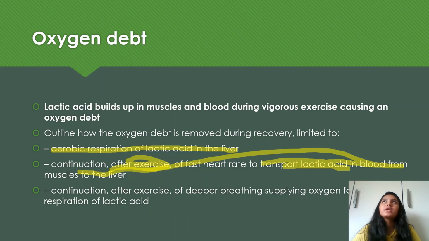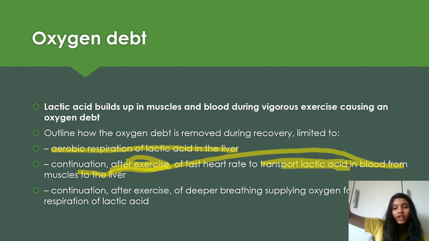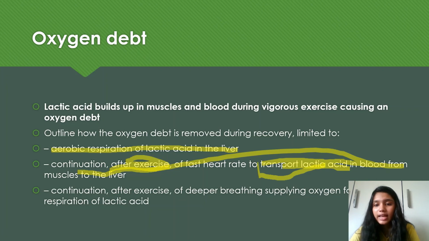So basically in your structured questions, they can give you a graph which shows your rate of respiration, and after exercise, there'll be a line, but your rate of respiration will still be relatively high. And why is this? It is because it's important to transport the lactic acid in the blood from the muscles to the liver. Okay, and after exercise, your breathing continues to be deeper to supply oxygen for aerobic respiration of lactic acid, and that is how your oxygen debt is completely removed.